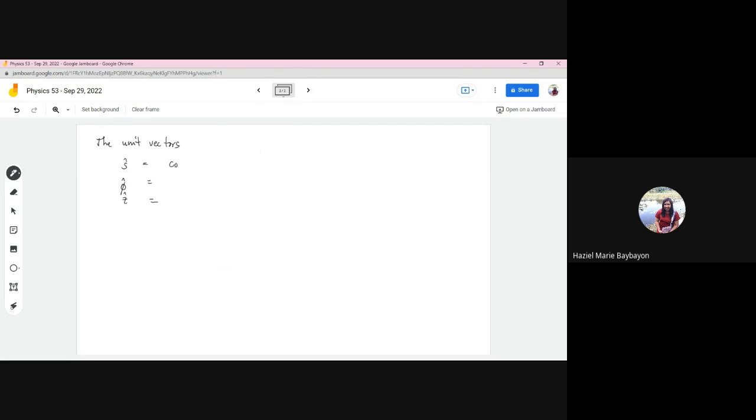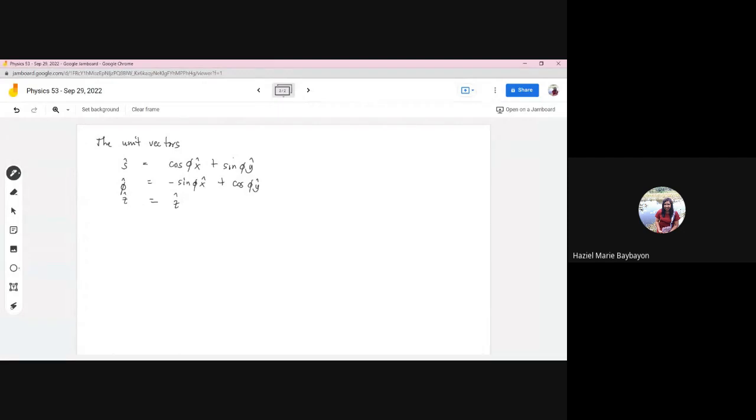So S hat is just equal to cosine phi x hat plus sine phi y hat. And then your phi hat is equal to negative sine phi x hat plus cosine phi y hat. And of course, your z hat is just equal to z hat.